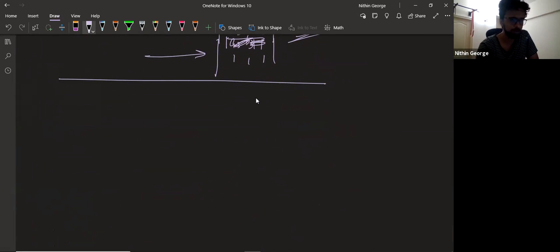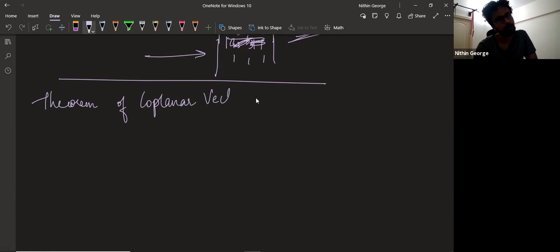Now, let's look at something called the theorem of coplanar vectors. Now we know if vectors are collinear. Now we are checking if they are coplanar.